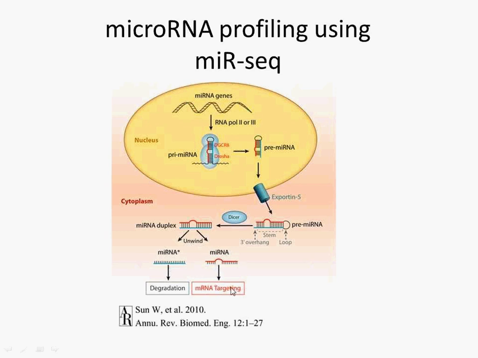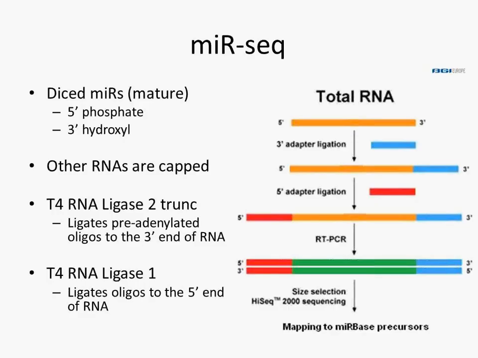So because of the mRNA targeting and degradation roles that these microRNAs have, it is sometimes important for people to quantify their amounts in their cellular process. How do we do that?